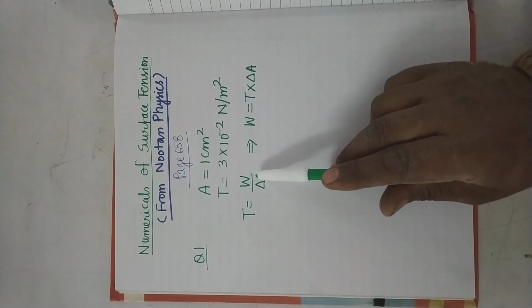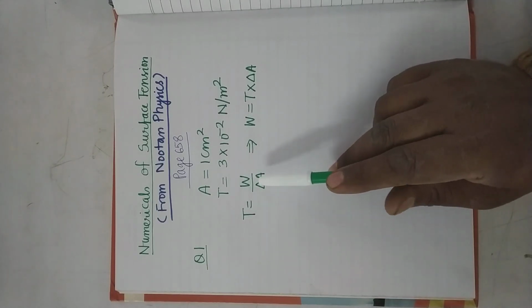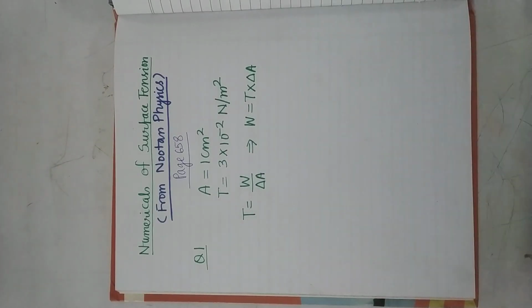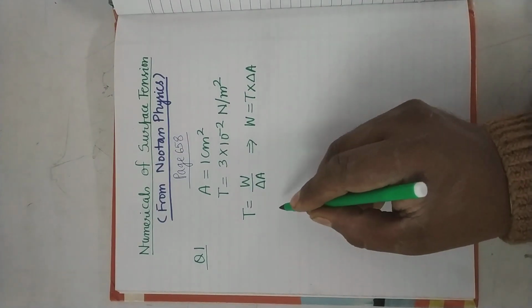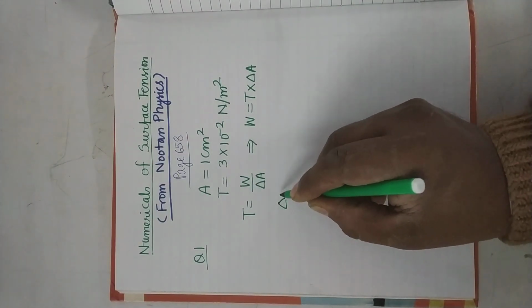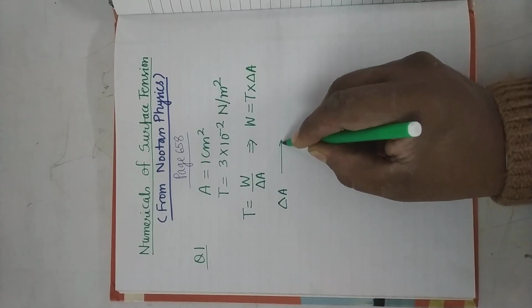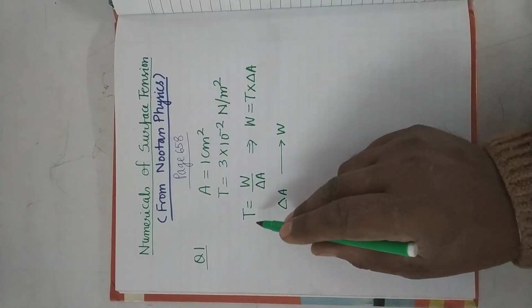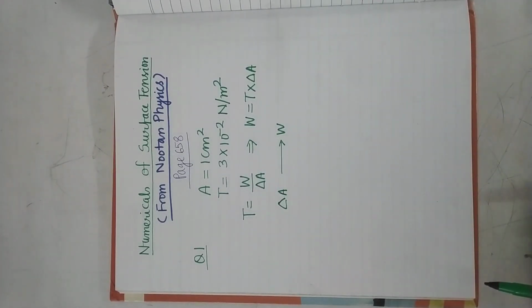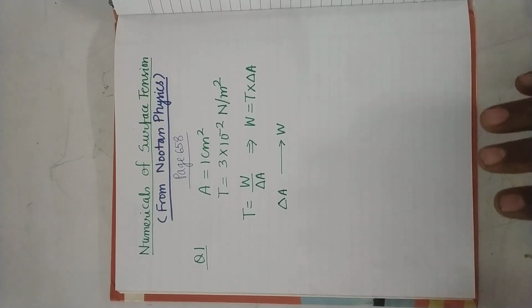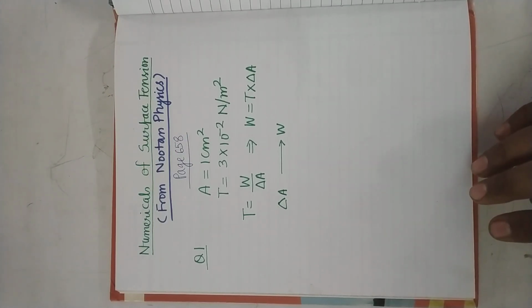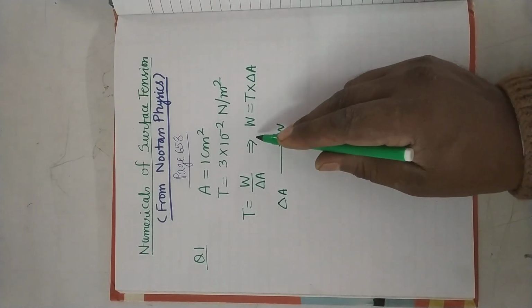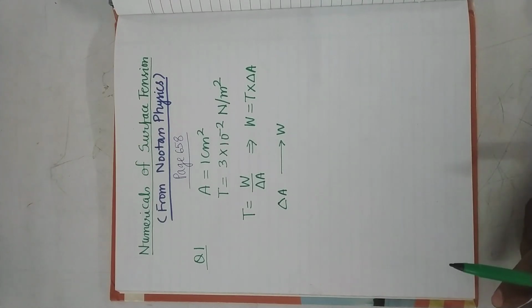Means if on enlarging the area of the film by delta A, W work is done, then the surface tension T equals W upon delta A. And this W is basically the additional potential energy of the surface molecules. So from here you will get W equals T into delta A.